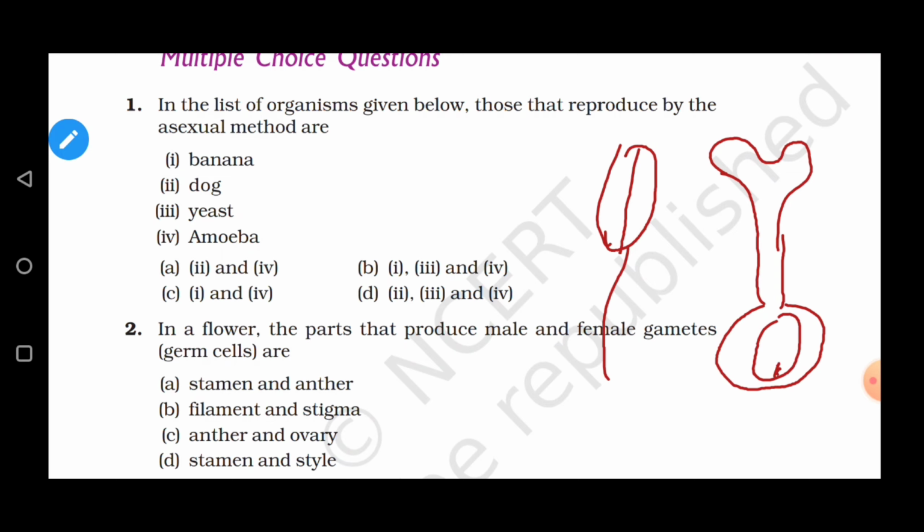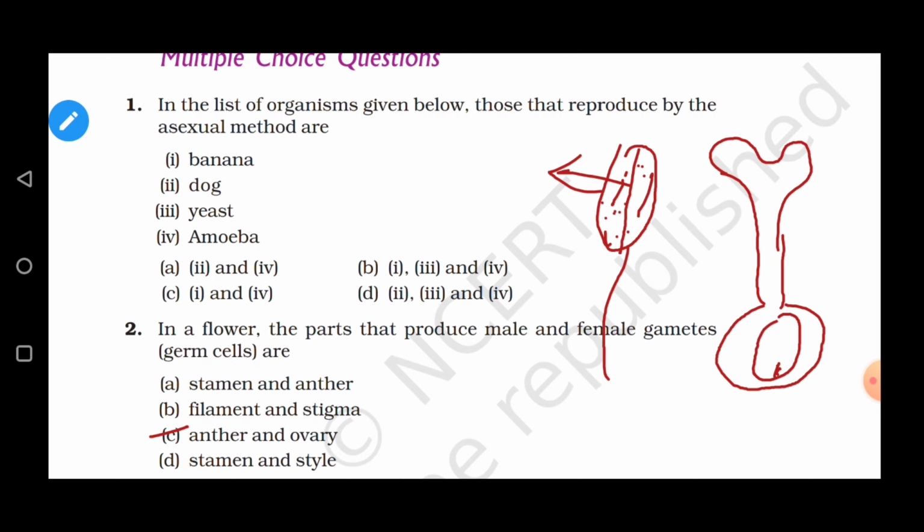So these structures are responsible for the formation of male and female gametes. The male gametes are formed inside the anther. This is the anther, and inside the anther male gametes or pollen grains are formed, whereas the female gamete is formed inside the ovary. So the correct answer is anther and ovary. Option C will be the correct answer. Now move on to the next question.